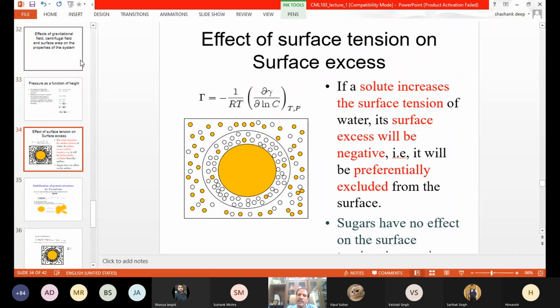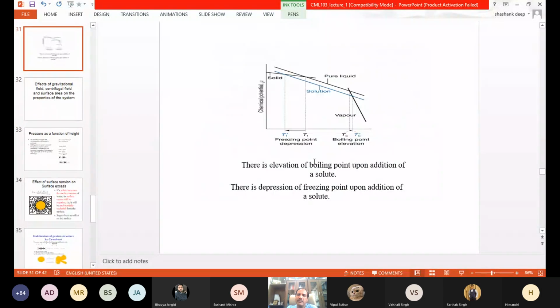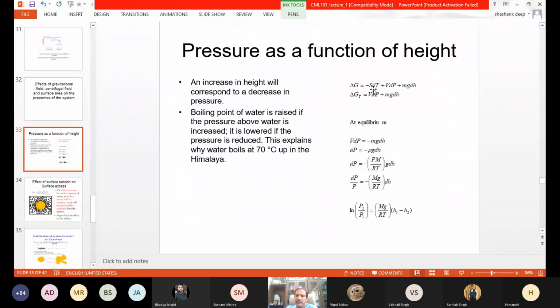You can look at how it has been derived, but it is simply derived using this equation: minus SdT plus VdP, there will be a chemical potential term, and then there will be gamma dA, which is surface tension multiplied by change in area, because we are taking extra work which is due to change in area. So again, at constant temperature and pressure, this will become zero, but you have these two quantities to look at.